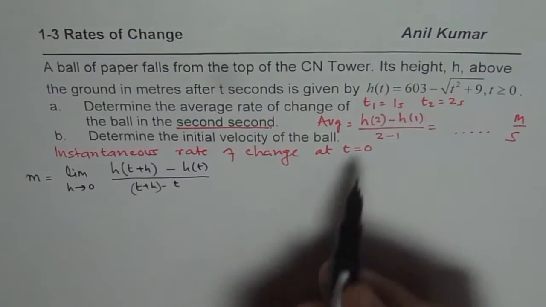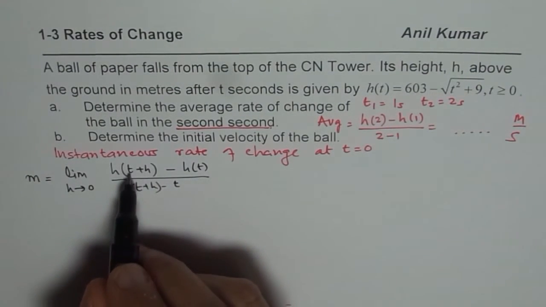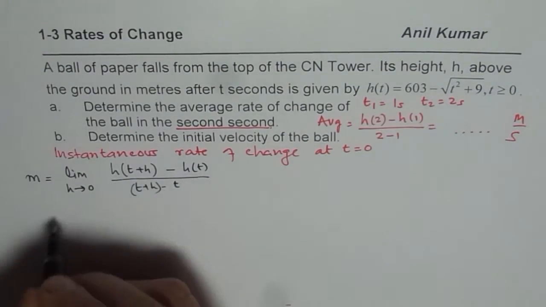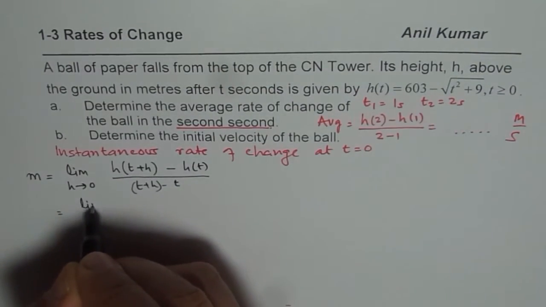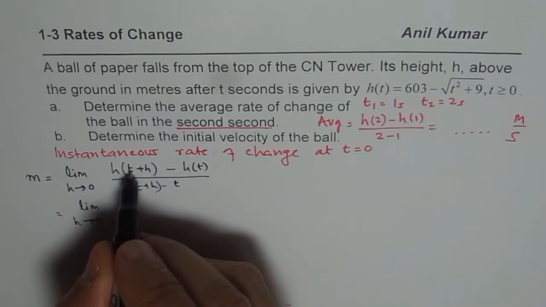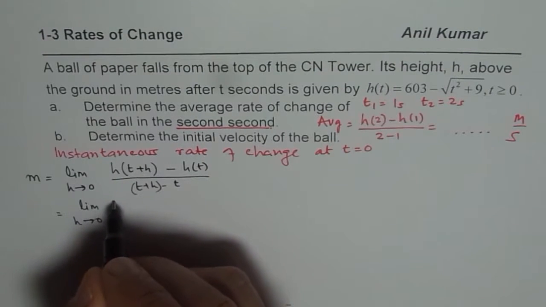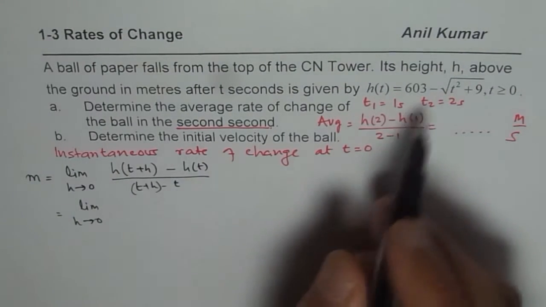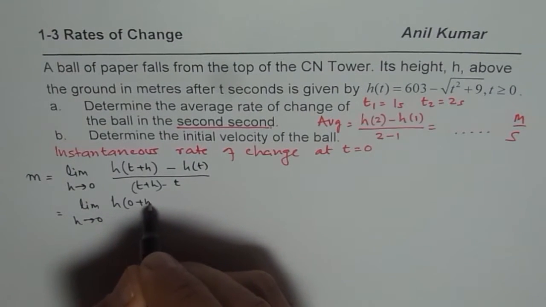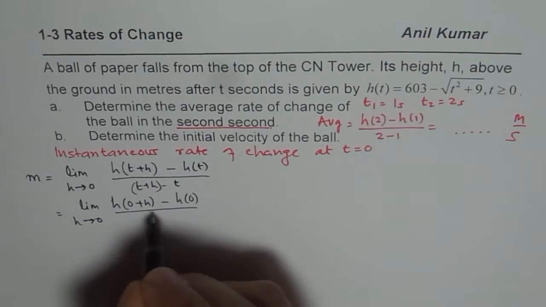In our case, t is 0, so we put t equals 0 and write down the expression: limit as h approaches 0 of (h(0 + h) - h(0)) divided by h.